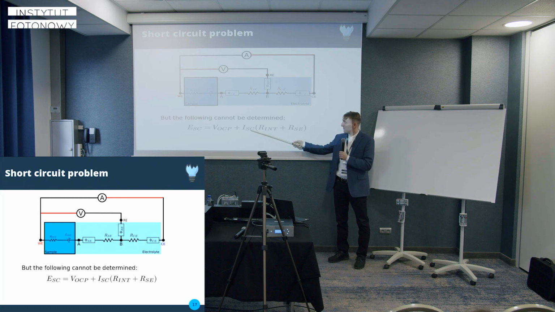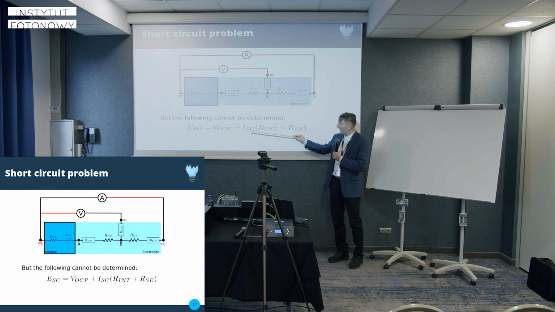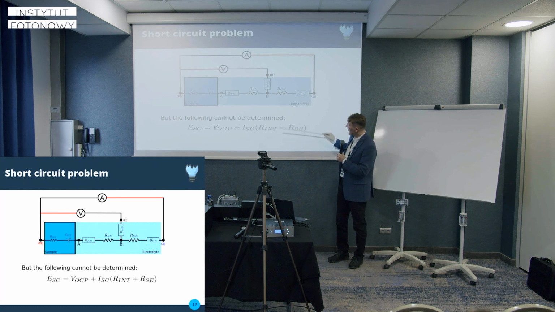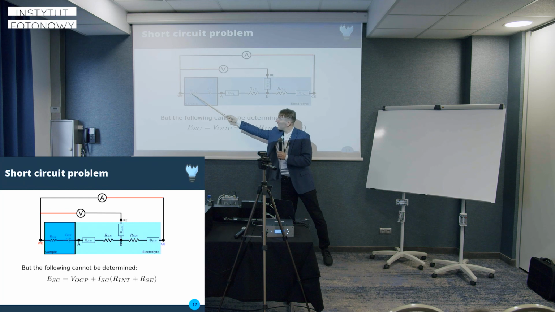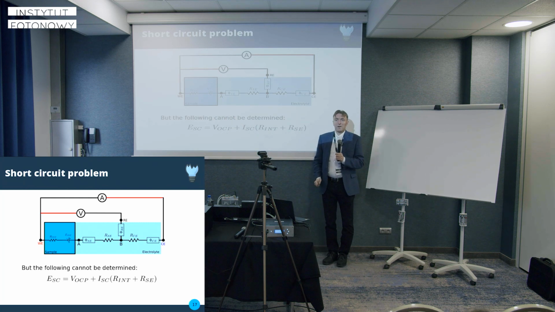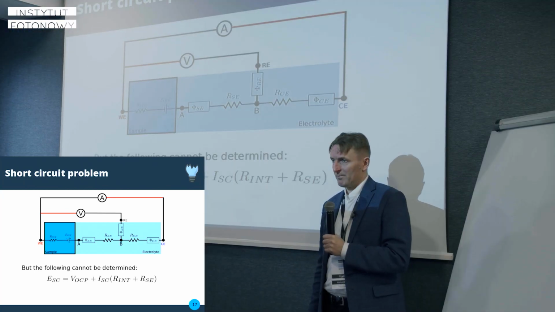And we should also account for the potential drop due to flowing current. This current will now flow through this resistor and this resistor. Those are two resistors in series, and you cannot separate between them.